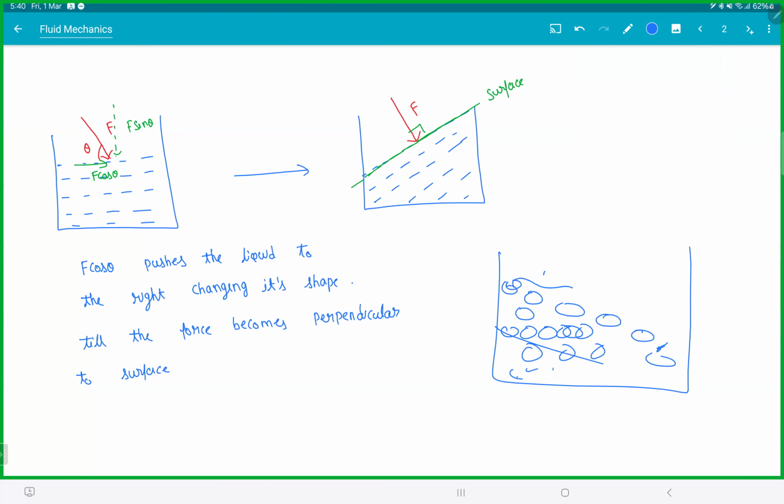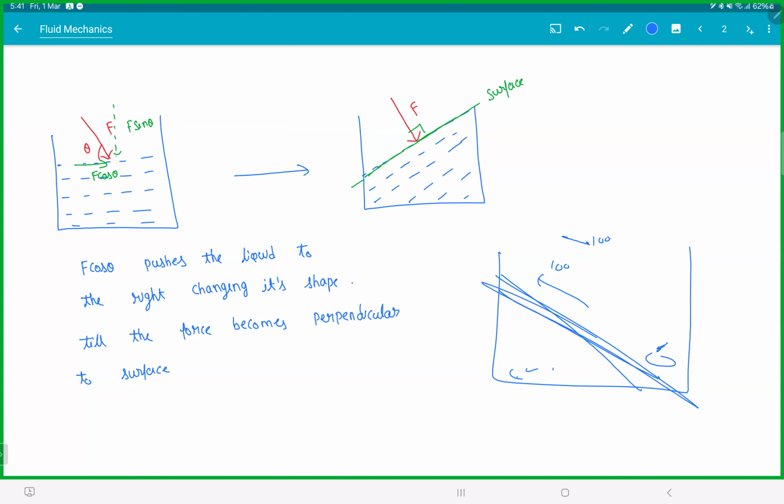Now, some of the balls will start coming down also. So let's say you're throwing 100 and 20 are coming down. What will happen? This will become even more steep. Let's say you're throwing 100 and 50 are coming back. It will still become more steep. Let's say you're throwing 100 and 100 are coming back. What will happen? You will reach an equilibrium. Able to visualize what I was saying?